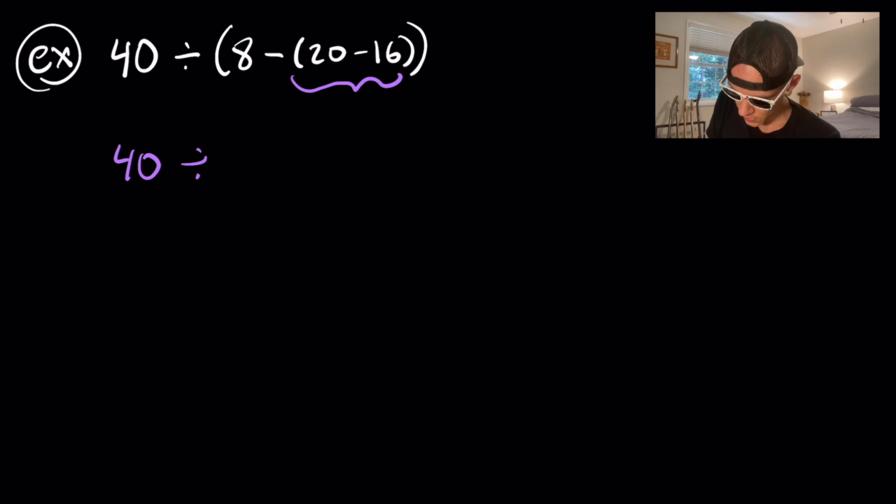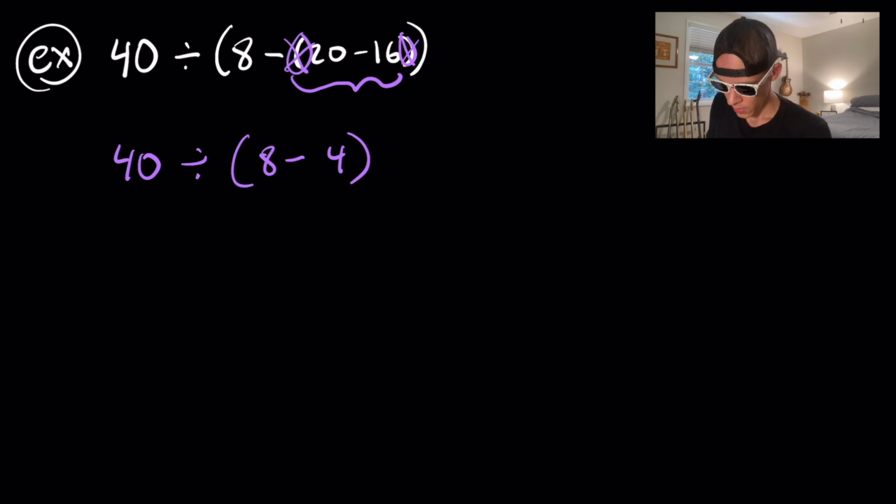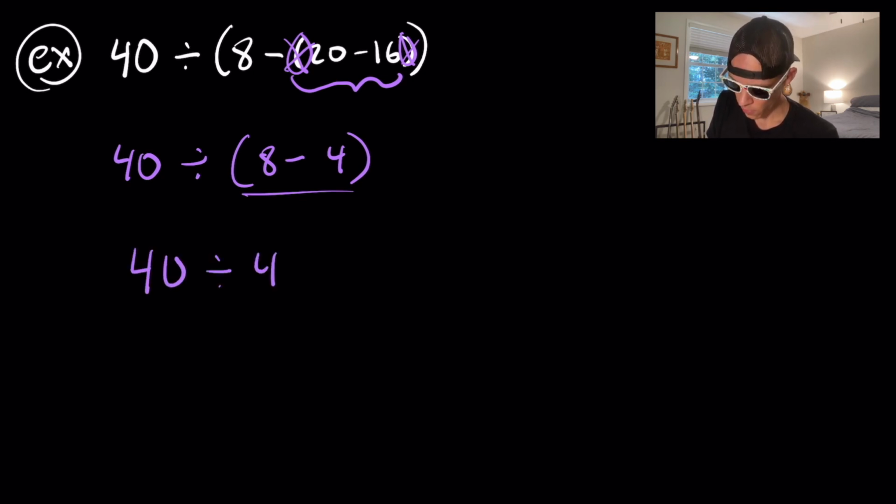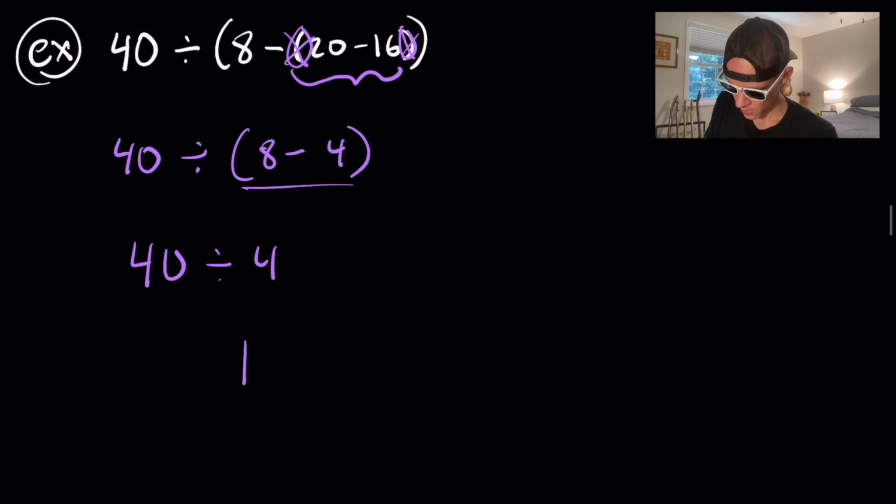So I'll keep everything else the same. And then 8 minus, well, 20 minus 16 is 4. And then these parentheses, those go away. All right, so now we just have this outer parentheses. So we'll do 8 minus 4, which is 4. So I'll have 40 divided by 4, and that's going to be 10.